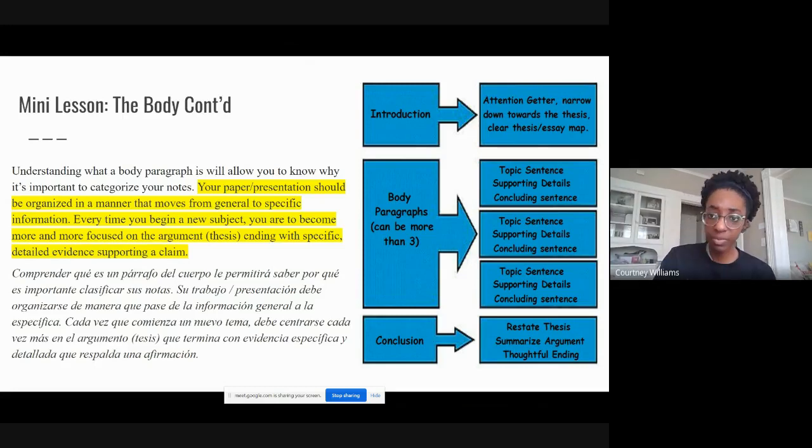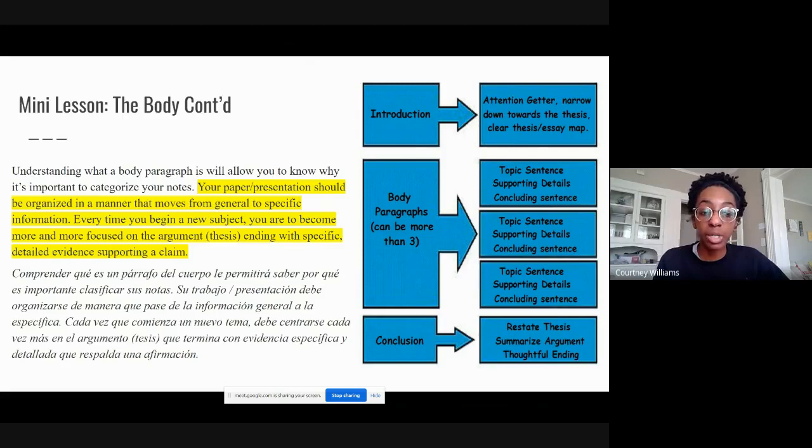In each of these body paragraphs, you have a topic sentence, supporting details, and concluding sentence. And of course, your supporting details is the paraphrasing of the direct quotations from your sources that you found about your religion. It can be body paragraphs or sections or PowerPoint slides, because remember, 2 weeks ago, you should have chosen how you want to present your information.